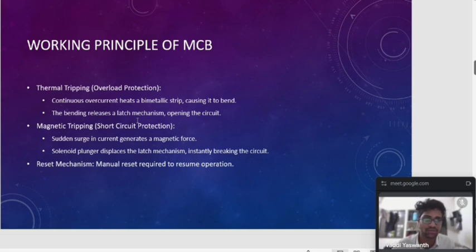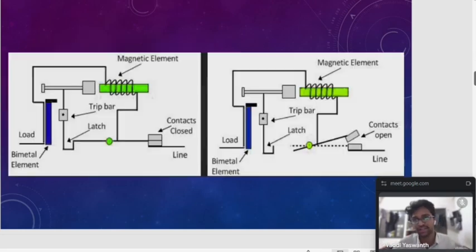The region around it will also get heated. Due to that, this bimetallic strip will expand due to heating. It is a property of a bimetallic strip. It will be expanded in this shape.